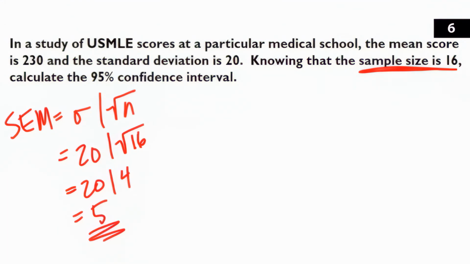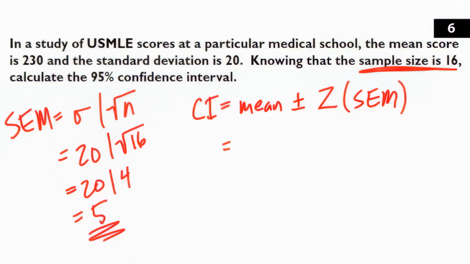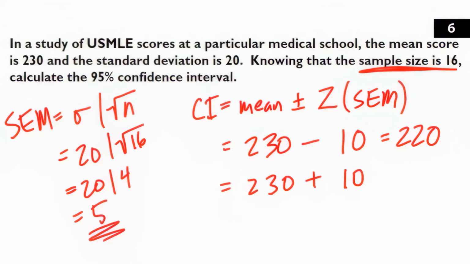Now again, I want you to remember that the formula for confidence interval is the mean plus or minus z times SEM. We'll be using a z of 2 since we're calculating the 95% confidence interval. So now we have 230 minus 2 times 5, or 230 minus 10, which is 220. On the other side, we have 230 plus 2 times 5, or 230 plus 10, which is 240.